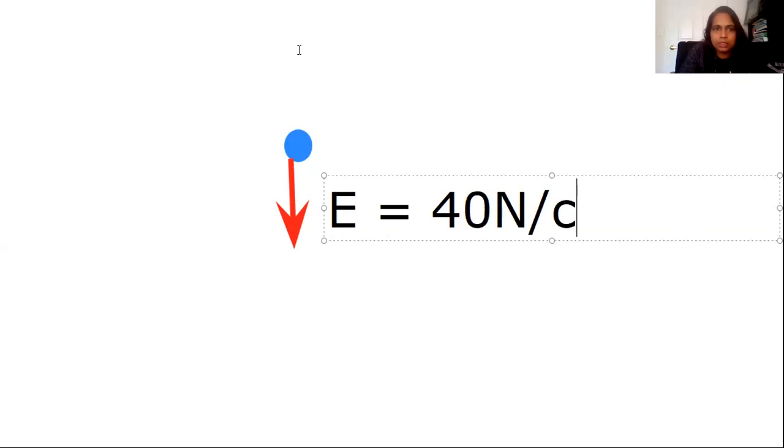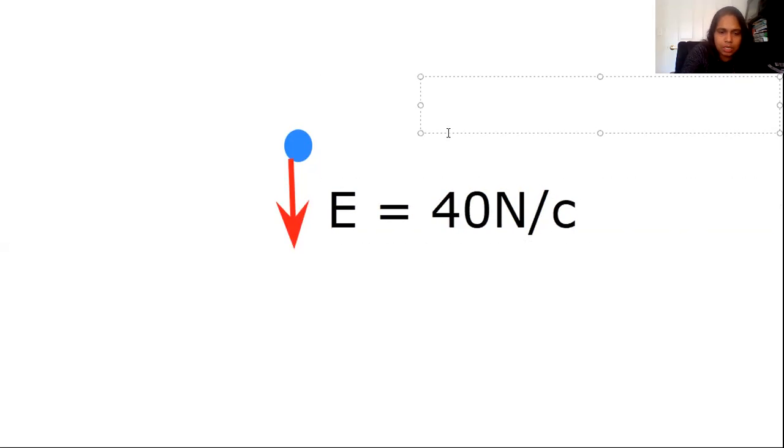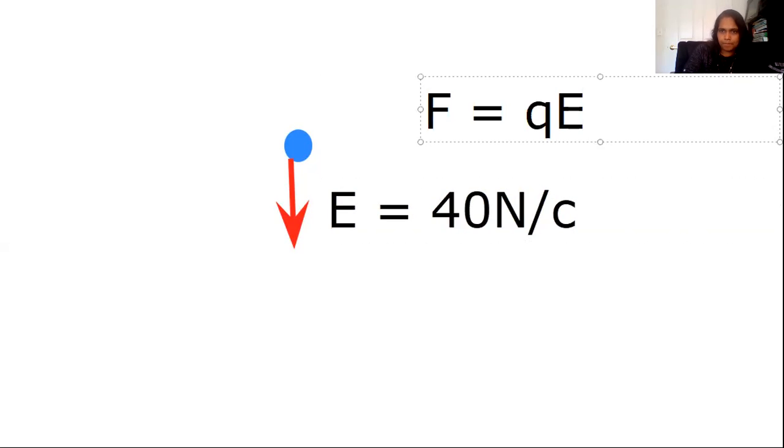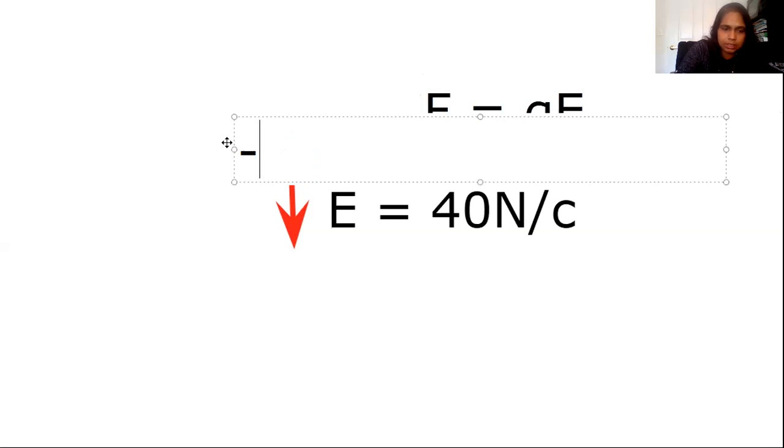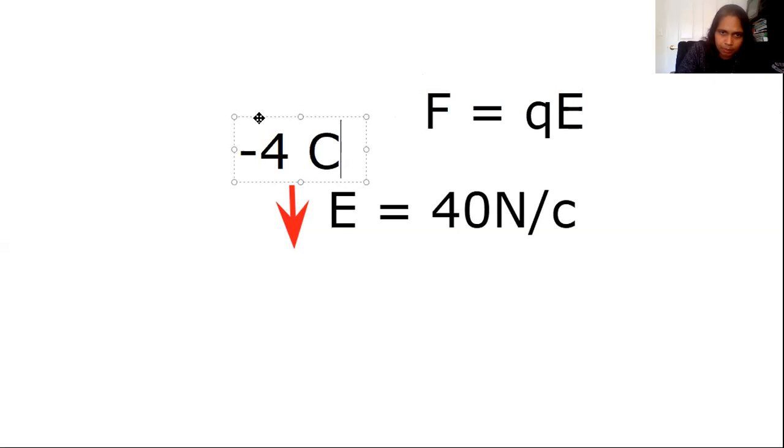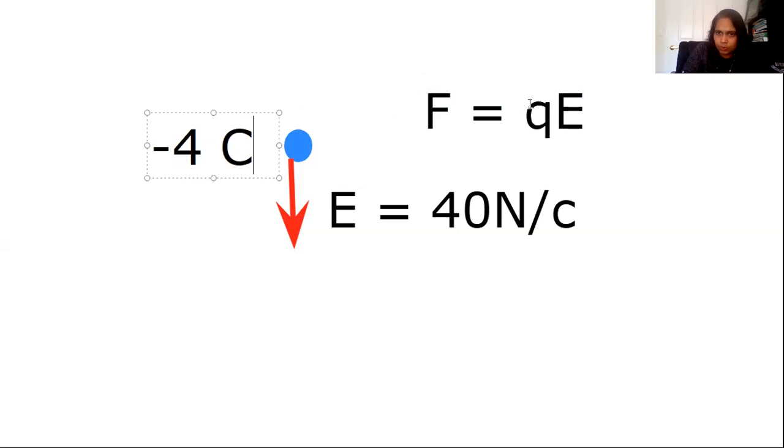Now we know the other equation: F equals Q times E. In the question it says, what are the magnitude and the direction of the force on a minus 4 C charge? So this charge is minus 4 Coulomb.